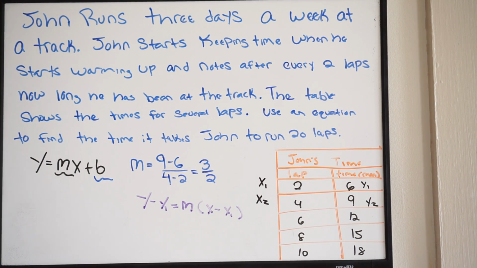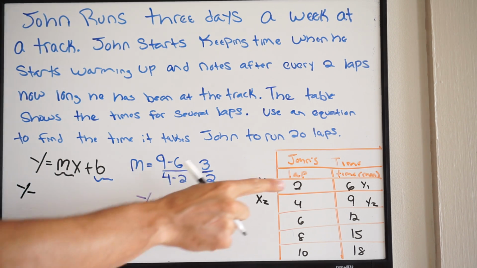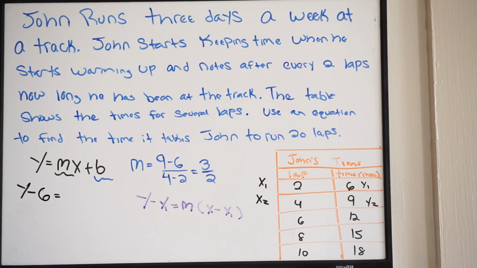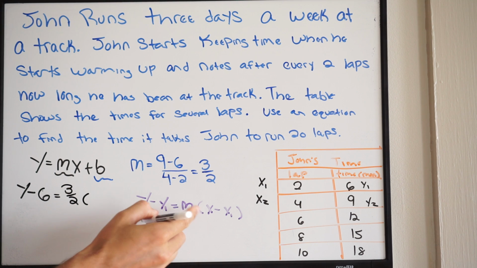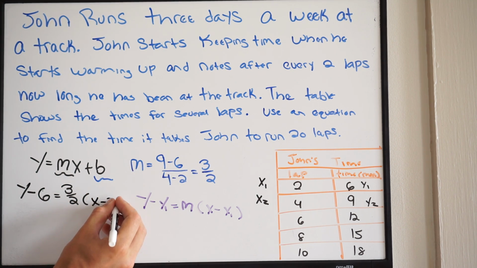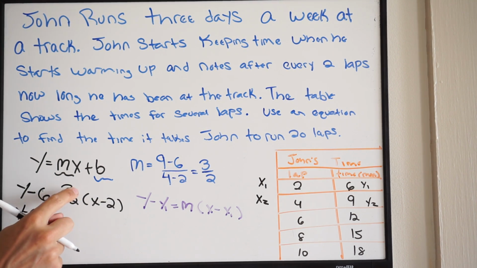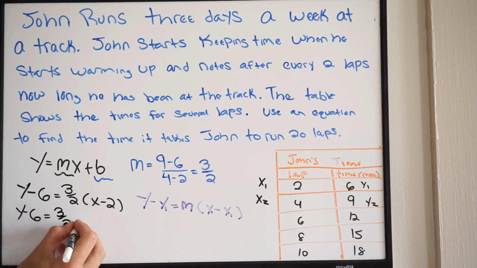So let's erase this guy right here, and we'll do it right here. We'll have the following: y minus, well, what's y1? Well, y1 is going to be 6, equal to our slope, which is 3 over 2, times x, and then what's x1? Well, that's going to be minus 2. Let's go ahead and do this out. We have y minus 6 equal to, distribute this 3 over 2 within the parentheses, so we'll have 3 over 2x, and we have 3 over 2 times a negative 2.